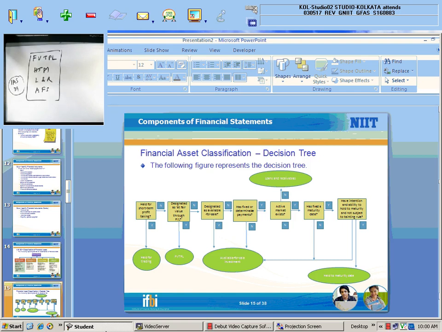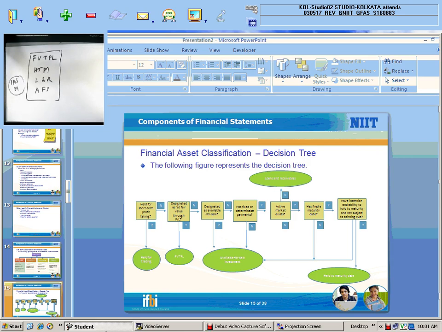If there is no active market existing for the asset which has fixed determinable payments, then it will be classified as loans and receivables. So this is the decision tree which an entity may follow to classify the asset into one of these four categories: FVTPL, HTM, LNR and AFS.